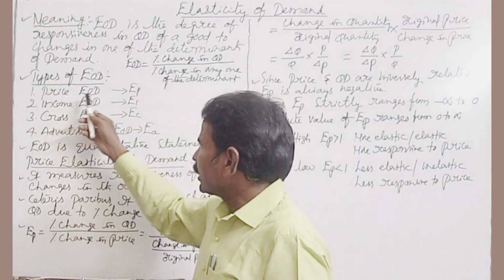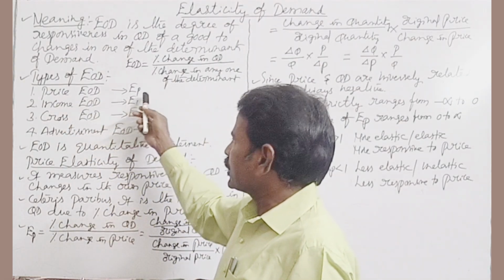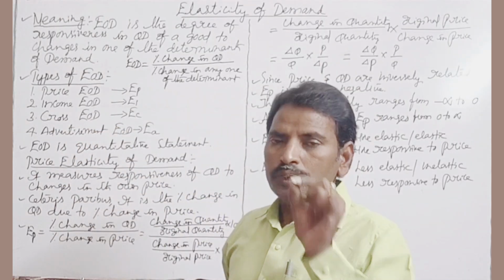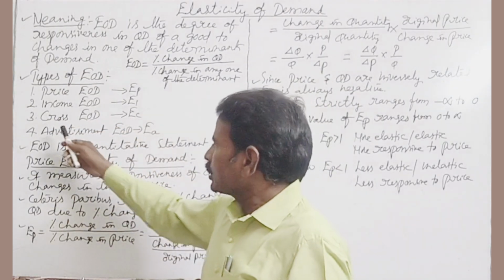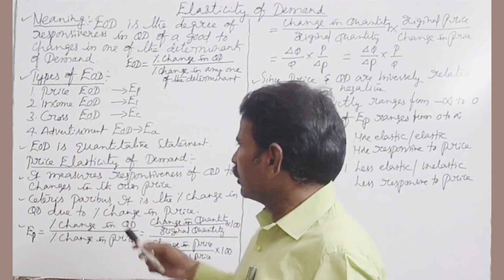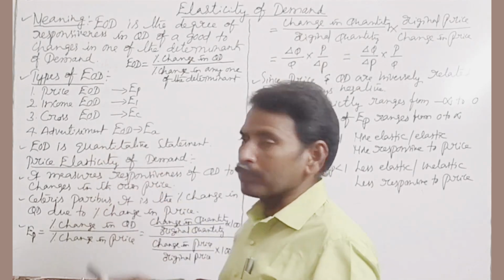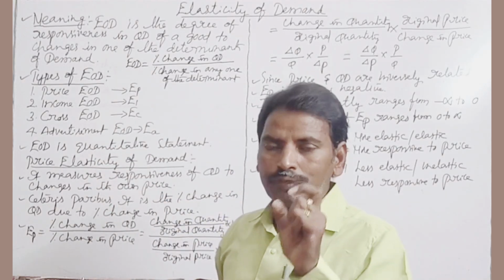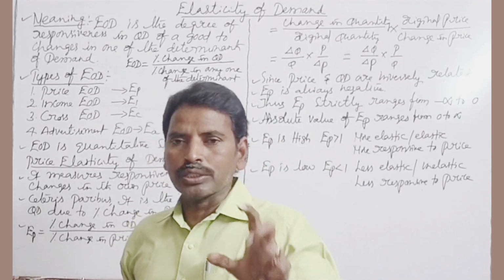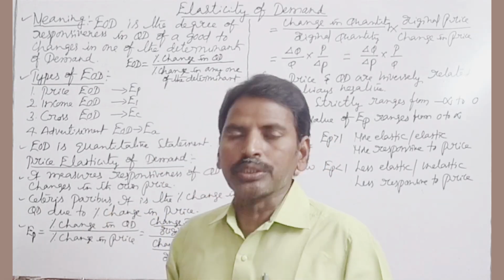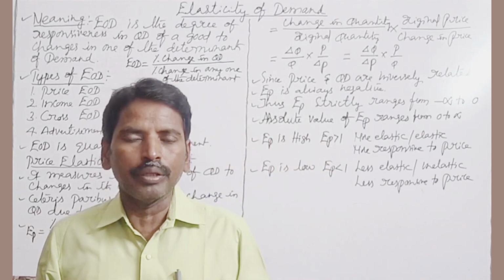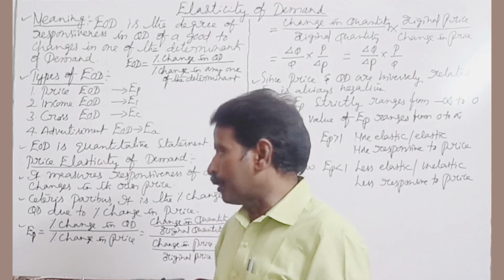One is price elasticity of demand, denoted as E suffix P. Second one is income elasticity of demand, denoted as E suffix I. Third one, cross elasticity of demand, denoted as E suffix C. Fourth one, advertisement elasticity of demand, denoted as E suffix A.